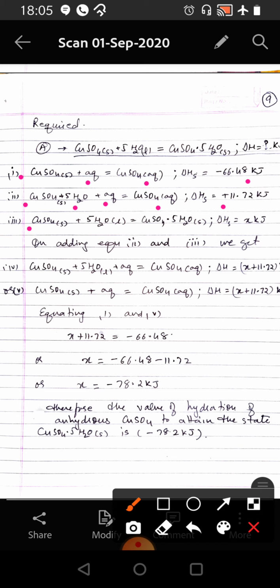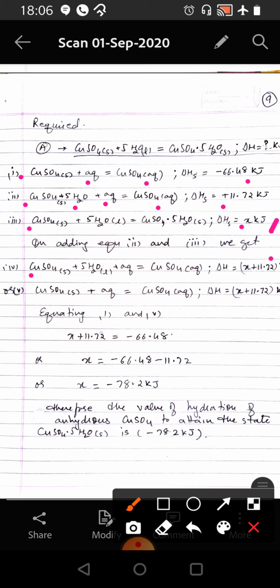Now this is the third equation, which is the desired equation, and we want to know the magnitude of this x. On adding equations second and third, we get CuSO4 anhydrous plus 5H2O plus aq is equal to CuSO4 aq. Here the delta H will be x plus 11.72, as we are adding these two equations. The summation of these two equations will be equation 4.